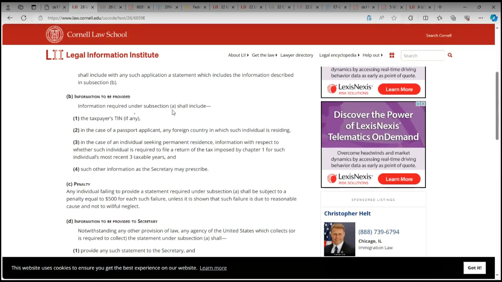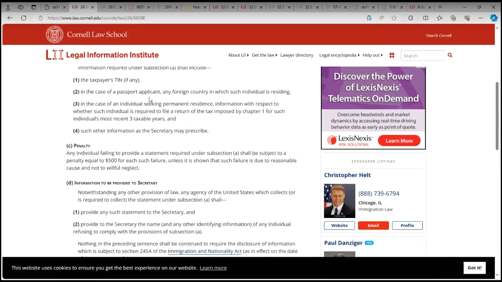Information required under subsection A shall include the taxpayer's tax identification number, if any. So this is even if you have one, right? In the case of a passport applicant, any foreign country in which an individual is residing. So in the case of a passport applicant, so you have to be a passport applicant. However, this is defined. Any foreign country in which the individual is residing. So you have to have a residence in another country.